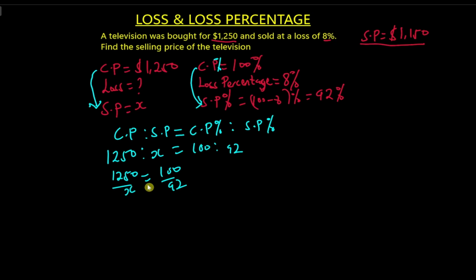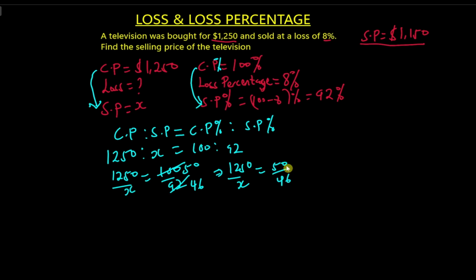But even before you do the cross multiplication, we know that 2 goes into 100 50 times and goes into 92 46 times. So we are going to have 1250 over x, which equals 50 over 46.